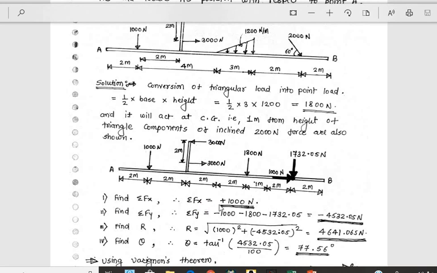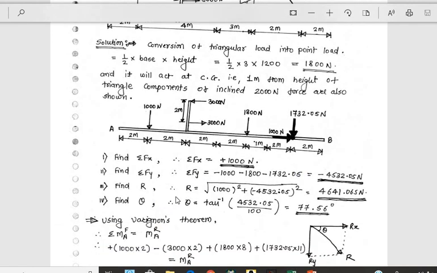Okay, now find Fx. Fx is equal to plus 1000, only one horizontal force. This 2000 has been resolved: 200 cos 60, 200 sin 60. So this is the free body diagram. This means this and this have the same meaning. Okay, Fy is minus 1000, this is minus 1800, minus 17.3, is minus 4532.